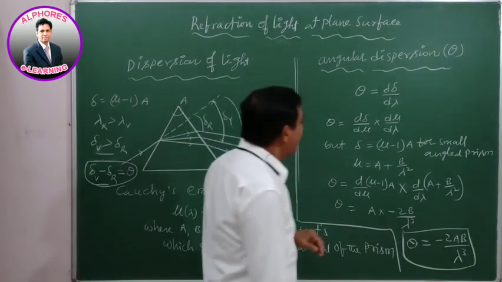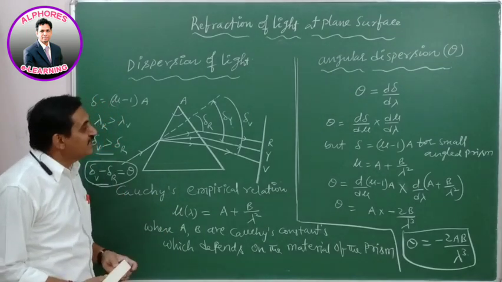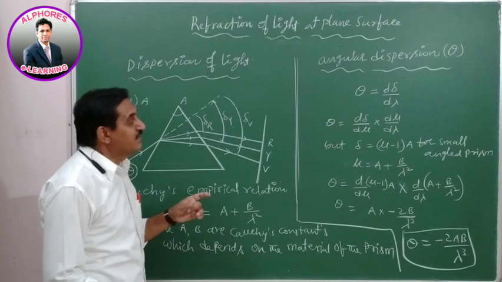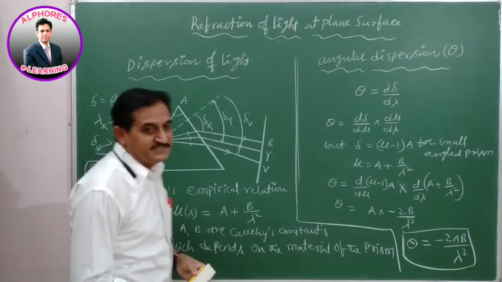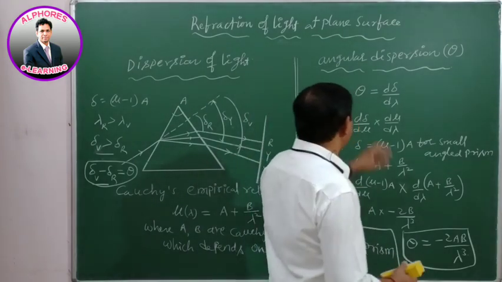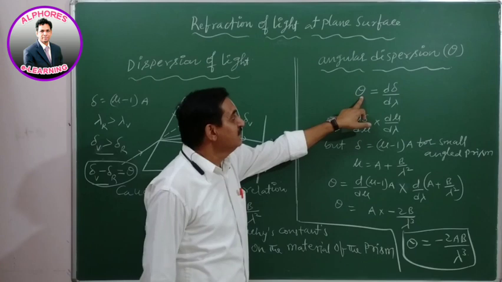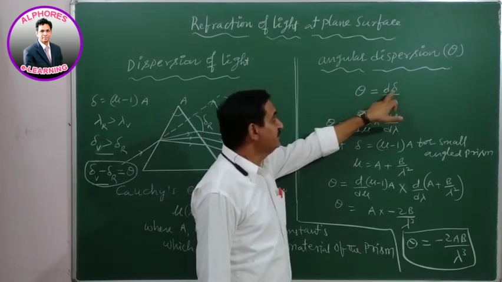And there is one more definition. Angular dispersion can also be defined as the rate of deviation with wavelength of the light.